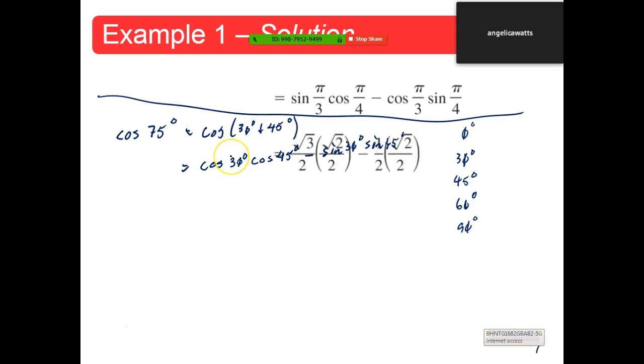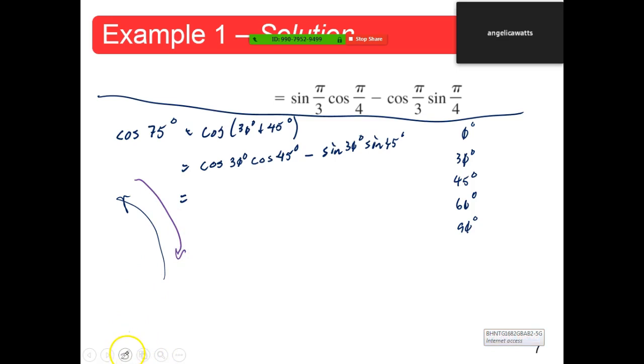Now, this requires you to remember what cosine of 30 was. Anyone remember? Remember, the sines will increase going up, the cosines increase going down.